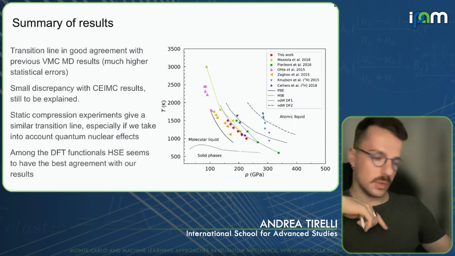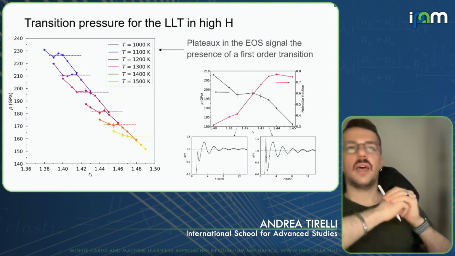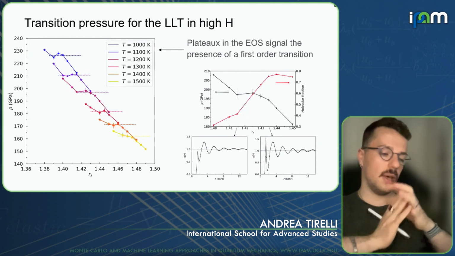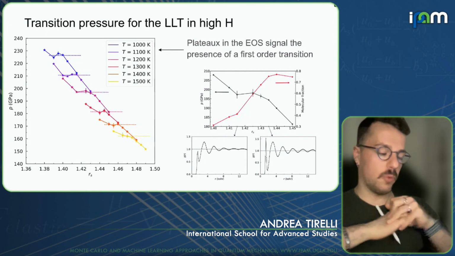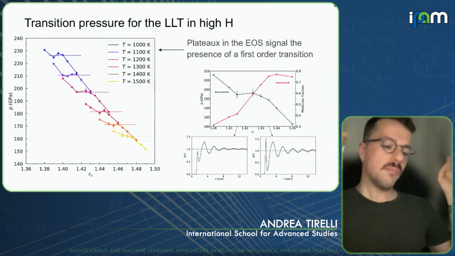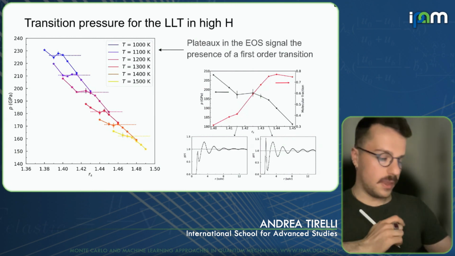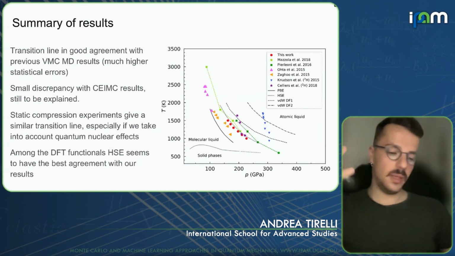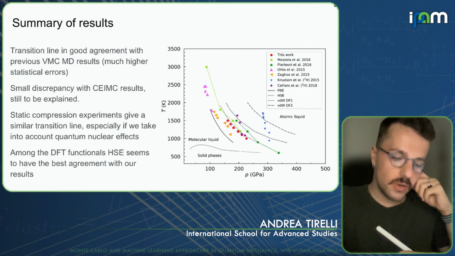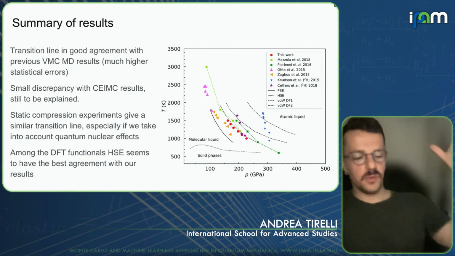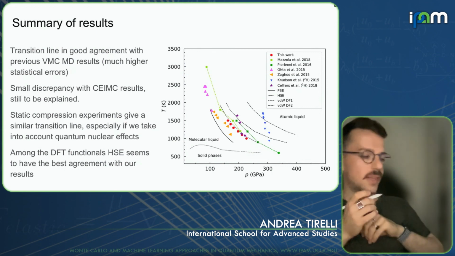These are the transition lines that we got from our molecular dynamics ML QMC powered simulations, and the red circles are our contribution to this part of the phase diagram.